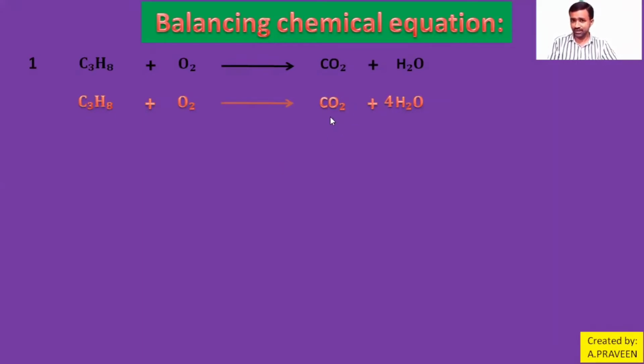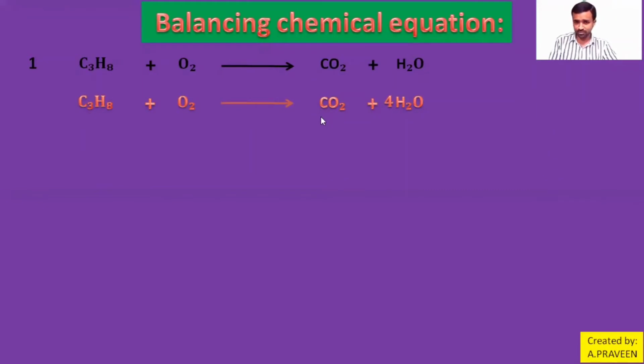Then I will not balance the oxygen immediately, because here it is given in combination with carbon in carbon dioxide. Carbon and oxygen are in combination. So I will go to the next largest number other than oxygen, carbon. On the RHS side its count is 1 and on the LHS side its count is 3.